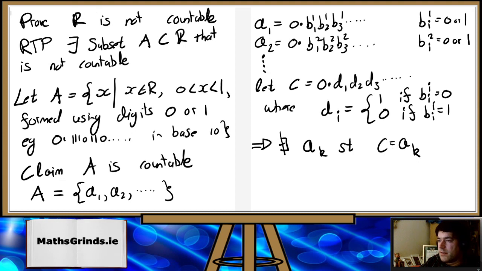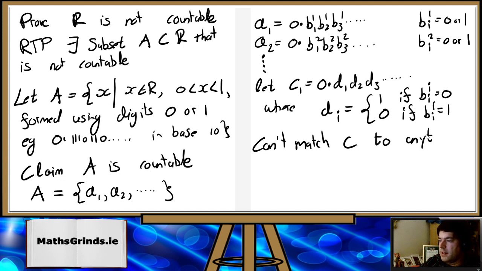In other words, I can never find something in my list that will match C, because always one digit will be different. So we can't match C to anything in the list from 1 to infinity.